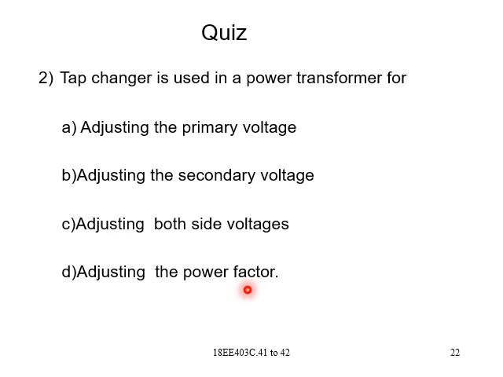We'll see what is the right answer for it. Oh, it is adjusting the secondary voltage. Okay. Tap changer is used in a power transformer for adjusting the secondary voltage.